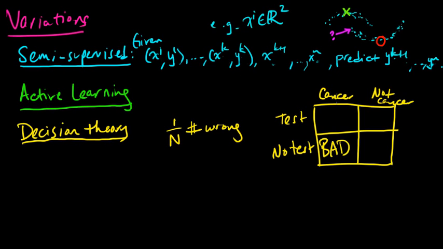If they do have cancer and you do the test, well, that's not great, but you can catch it. If they don't have cancer and you do the test, that's kind of bad, because they have to go through the test and all that. And if they don't have cancer and you don't do the test, that's not too bad.